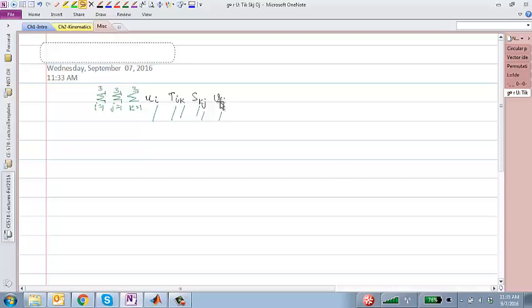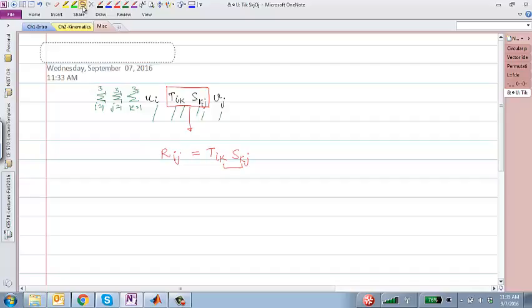For example, look at something like this that we covered last time, TIK SKJ. If you remember, we said TIJ or RIJ can be written as TIK SKJ, where K is being repeated here.